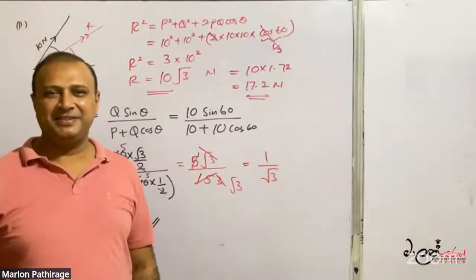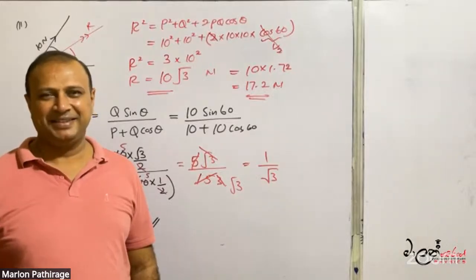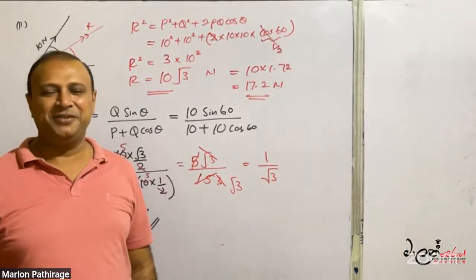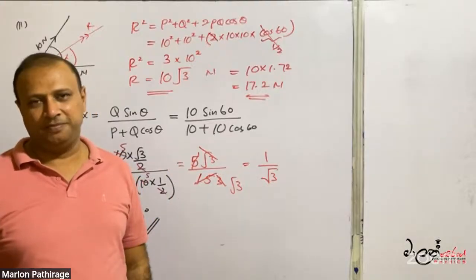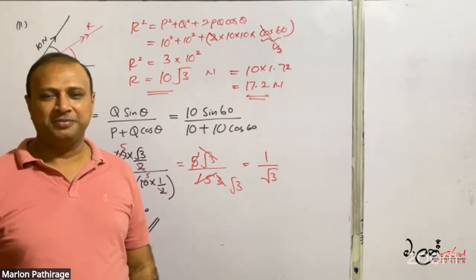How can you complete the diagram? What is the shape that you can obtain in a geometrical shape? If you complete this diagram, that question is my question. So if you complete this parallelogram, what kind of shape will you have?